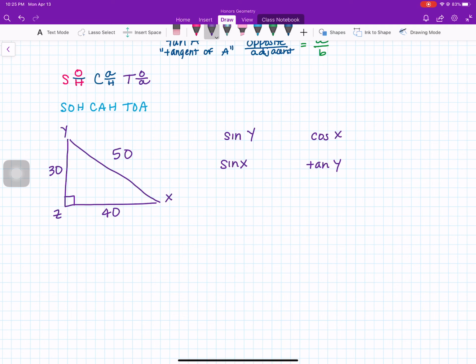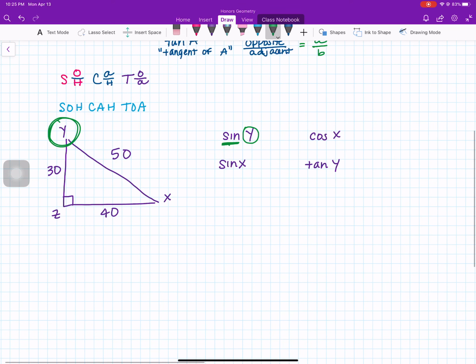Okay, so again, this tells me which ratio. This tells me the angle that I'm referencing for the triangle. So the first problem says look at angle y. I want the sine. Sine is opposite over hypotenuse.